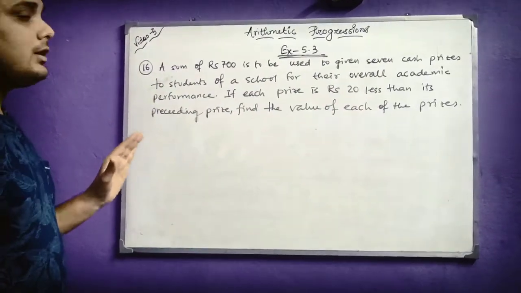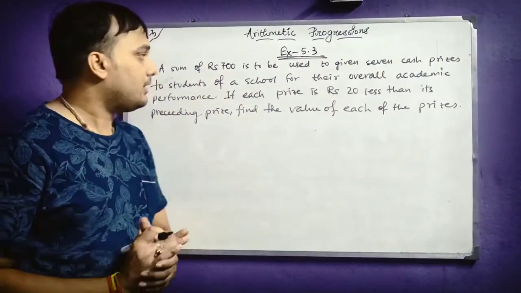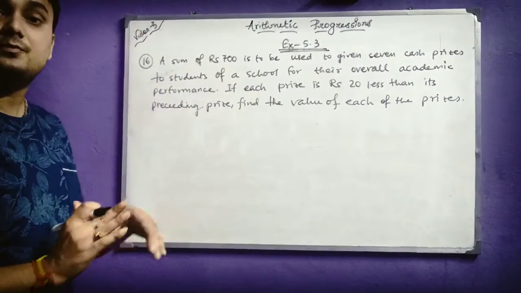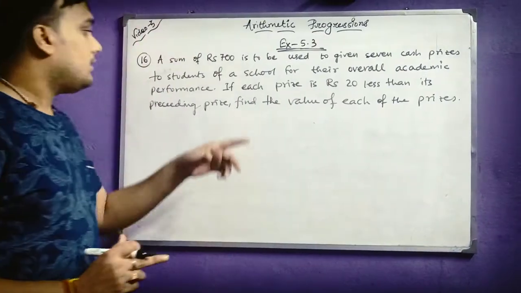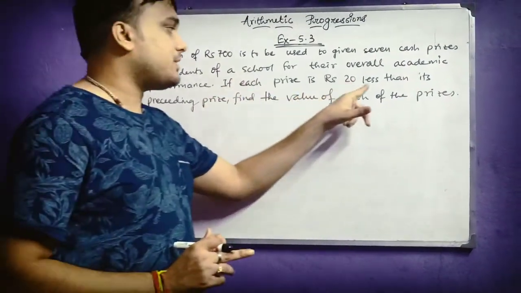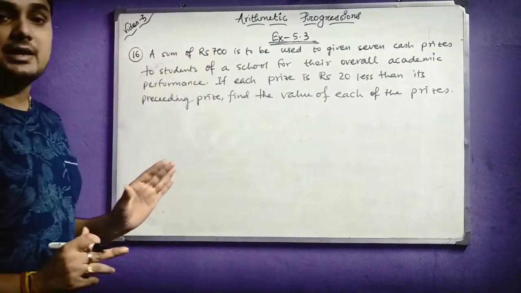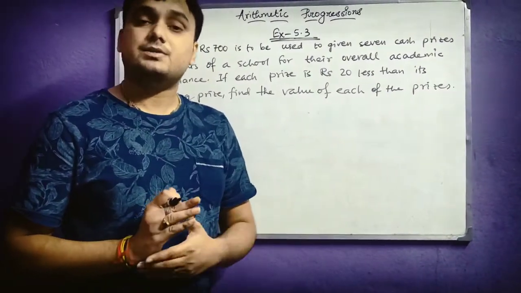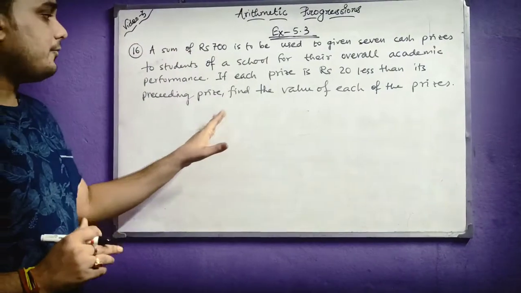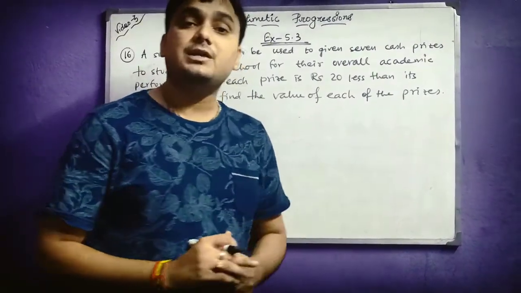Okay, so we have rupees total 700, and this 700 rupees is to be used for 7 prizes. Okay, if each prize is rupees 20 less than its preceding prize, that means the difference between each and every prize is rupees 20, then we have to find the value of each of the prizes.